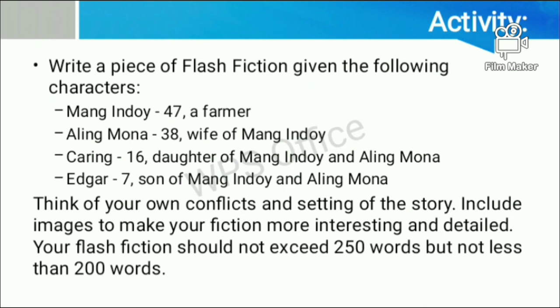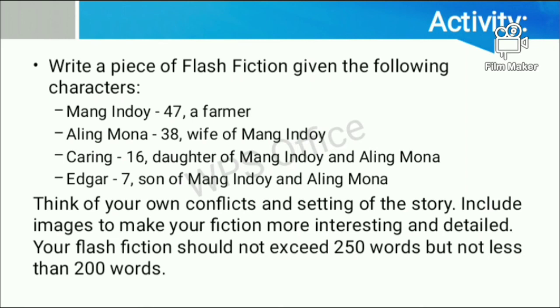So you're going to think of your own conflicts and setting of the story, and also include images to make your fiction more interesting and detailed. So the images that I am talking about are imageries. Okay, so include some words that will somehow help me to imagine your story.